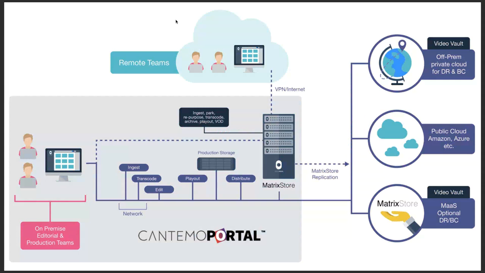You've got the ingest content, where it puts it where you decide based on the rules engine. So the low res can go in the production storage, the high res on the MatrixStore. Of course, we can have multiple vaults within that MatrixStore, so we can also have our nearline and our archive vaults in there as well. Again, the rules engine can transcode and distribute and play out from the MatrixStore in that way.